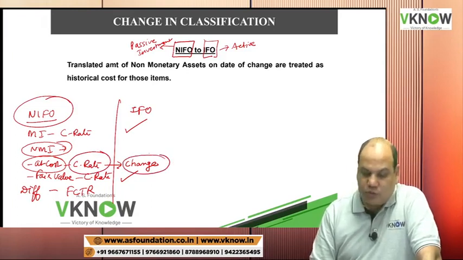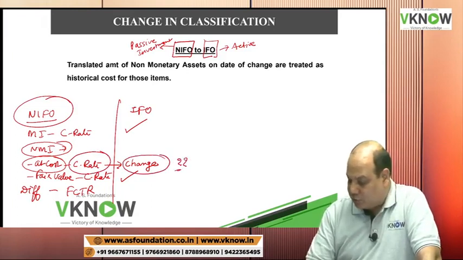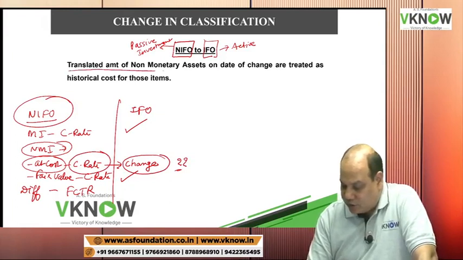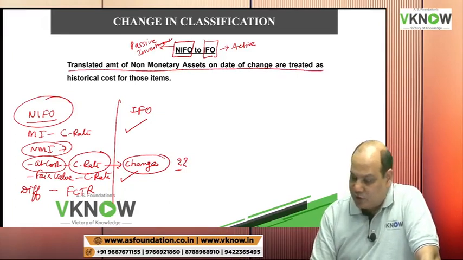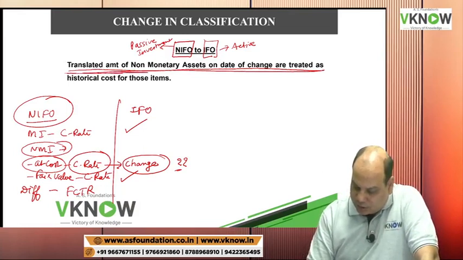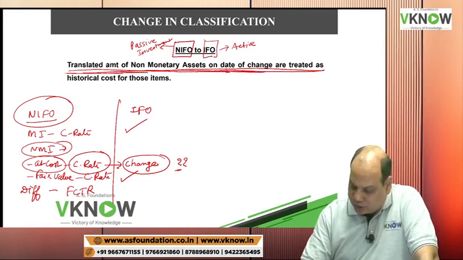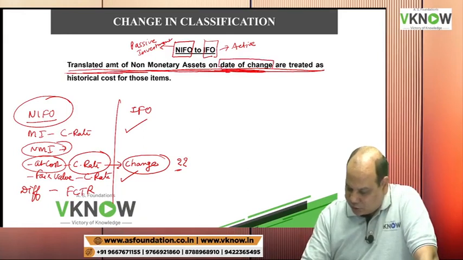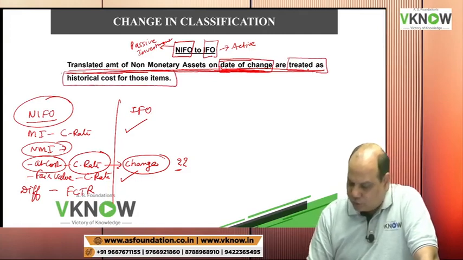Under EFO, what rate will we follow? That is the guidance given here. First, let us read the guidance. The translated amount of non-monetary assets on the date of change, underline, on the date of change, is treated as historical cost for those items.